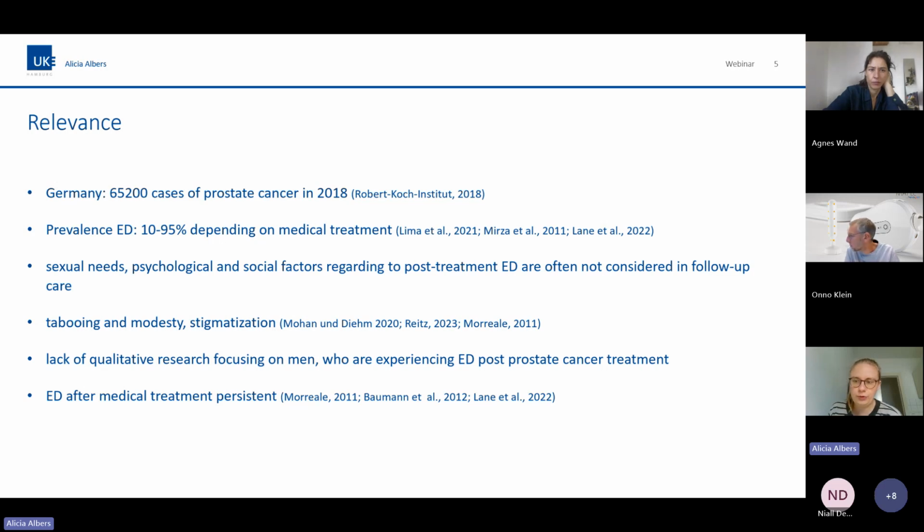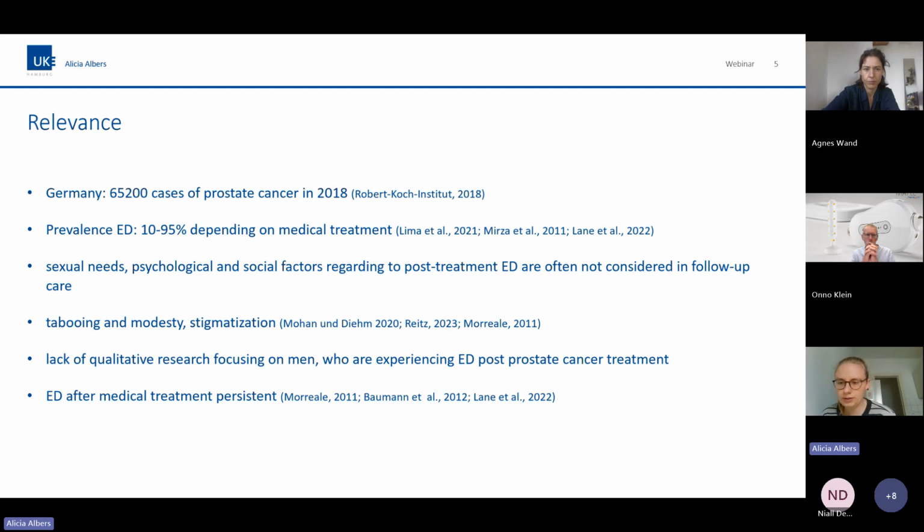When it comes to treating people with problems in the field of sexuality, tabooing, modesty, and stigmatization are relevant. And what is more, I found that there's a lack of qualitative research focusing on men who are experiencing erectile dysfunction post-prostate cancer treatment.